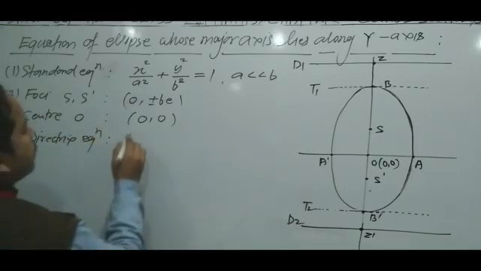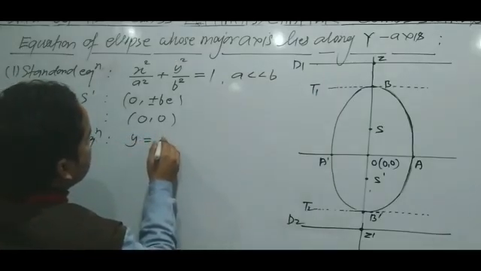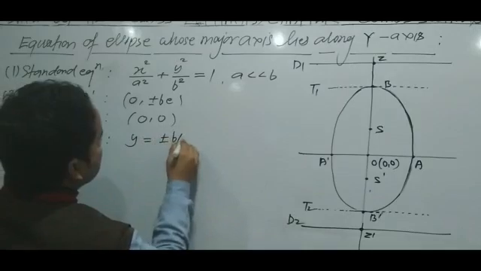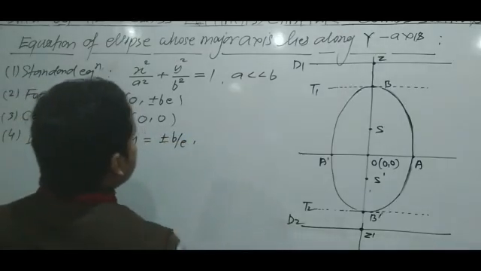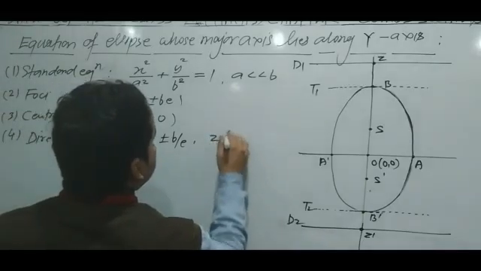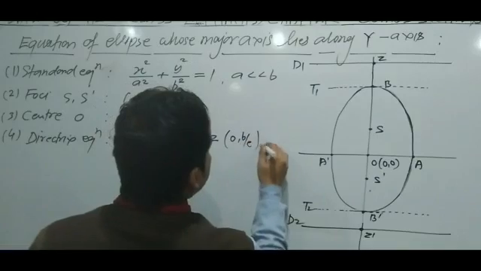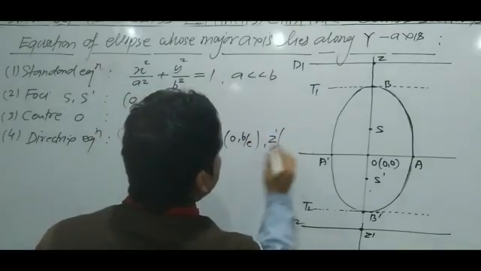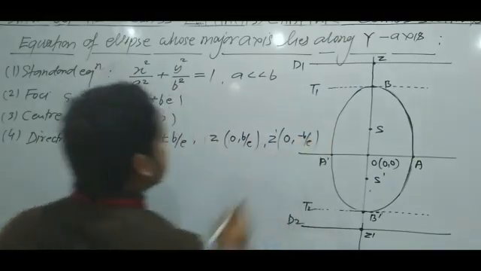What we can write? Directrix equation we can write y is equal to plus minus b by e. And now Z point is 0 comma b by e, and Z dash point 0 comma minus b by e.